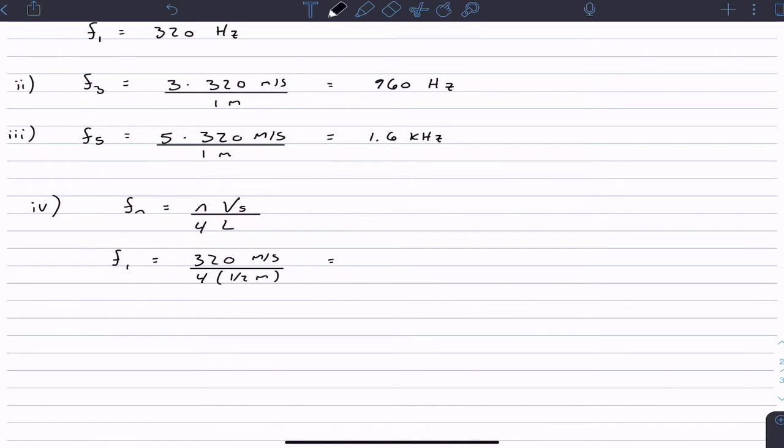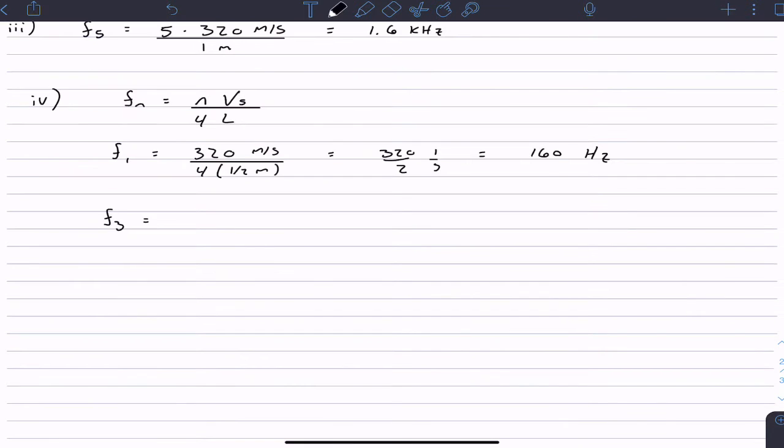That gives you 320 over 2, which is 160. Then plugging in 3 times 320 over 2 gives us a value of 480 hertz. So that's the third harmonic.